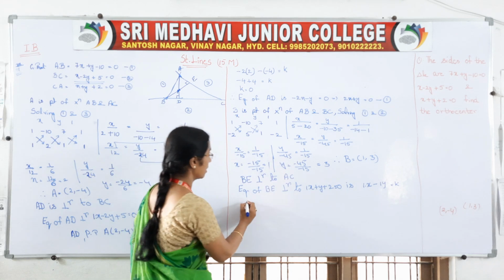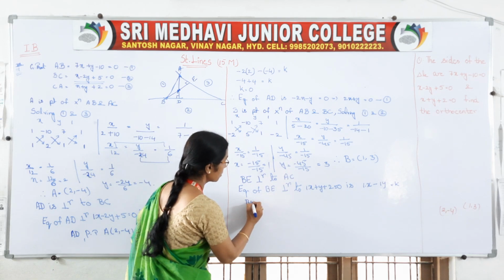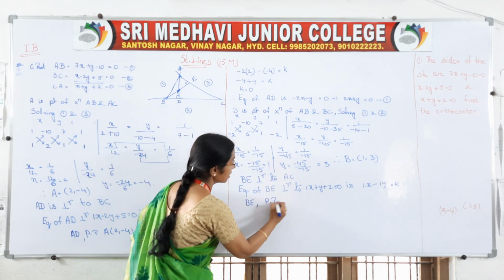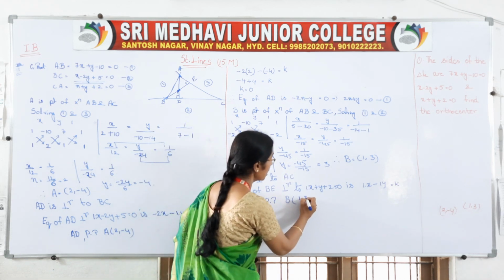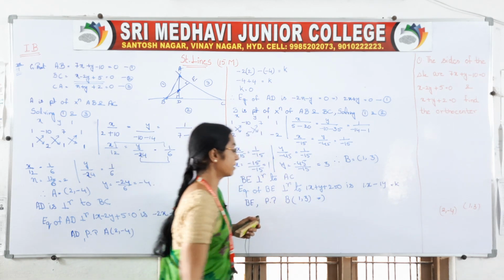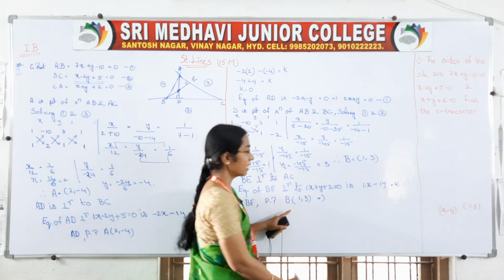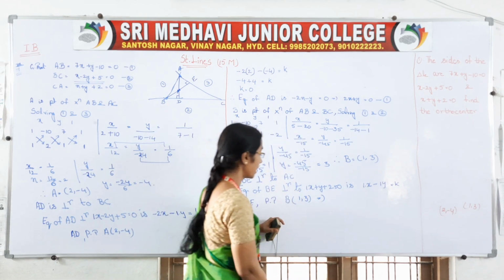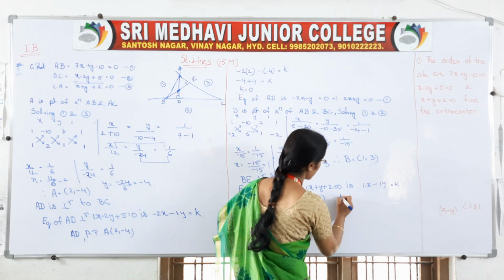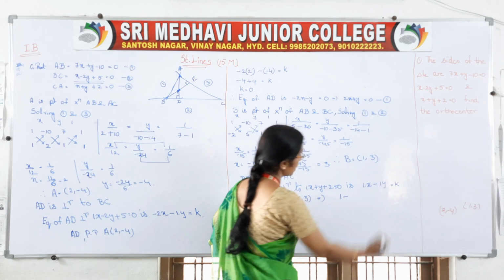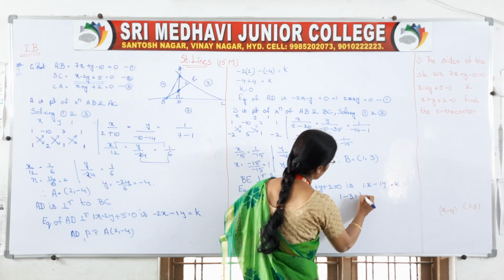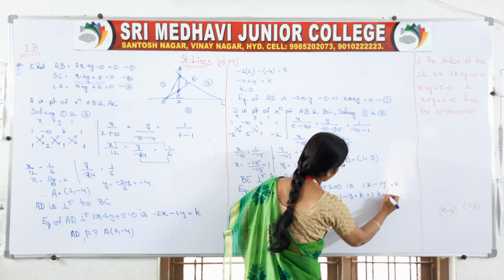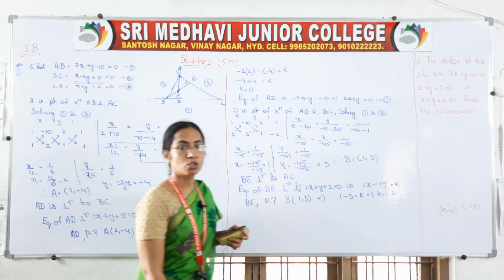Okay, this line BE passes through which point? B point. Now only we got B point. 1 comma 3 implies this point satisfies that equation. 1 into x means x. X place we have to take 1, minus 1 into y is y. Y place we have to take 3 is equal to k, implies k is equal to minus 2.